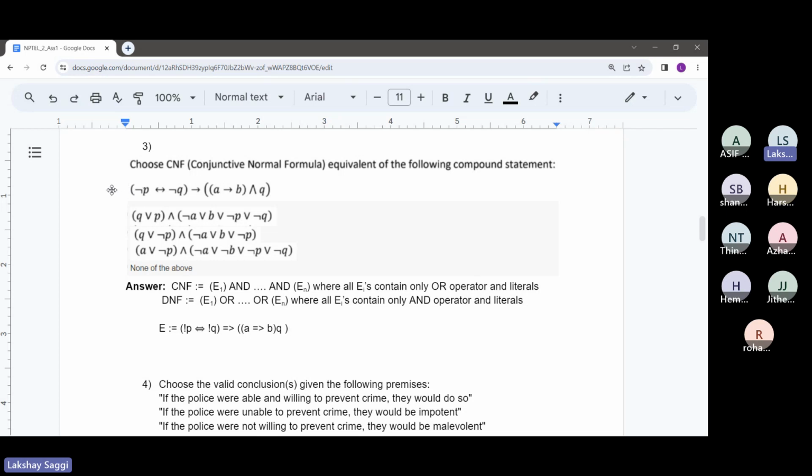So here we see this Q or P is an expression E1, and this not A or B or not P or Q, not Q is another expression, and both are separated by ands. And these expressions are separated by ors. So this is in a CNF form. Similarly, it's easy to verify that the second option is also in CNF form, and the third option is also in CNF form. So at least we know that all of these options are in CNF forms.